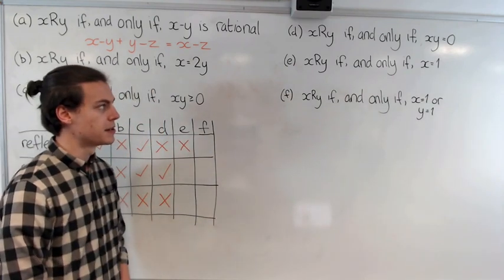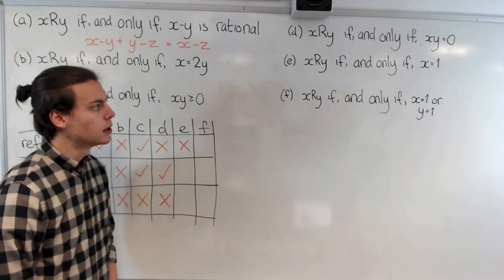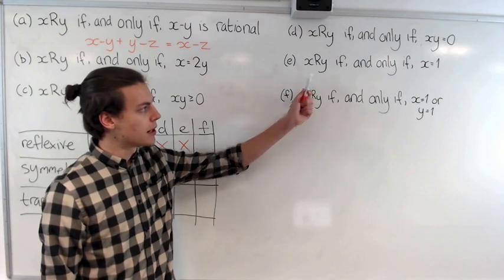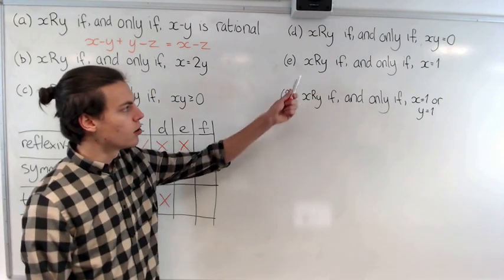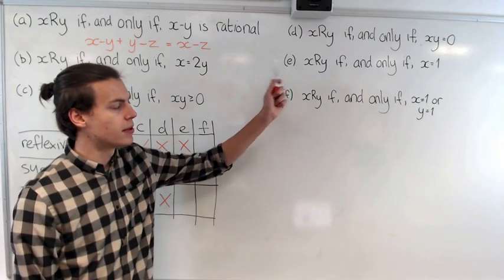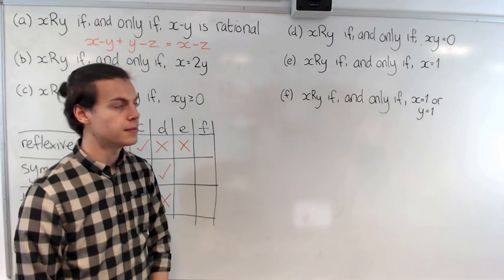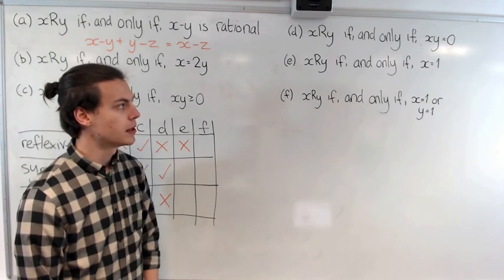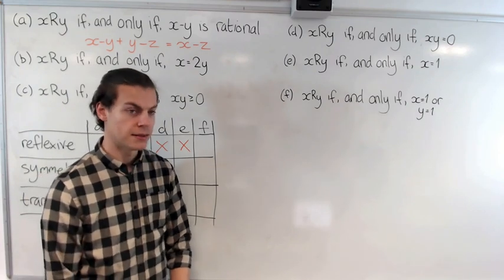Is this relation symmetric? Well, if we take x to be 1 and y to be 2, 1 is related to 2, but 2 is not related to 1, right? Since 2 is not equal to 1. So, this is not symmetric.